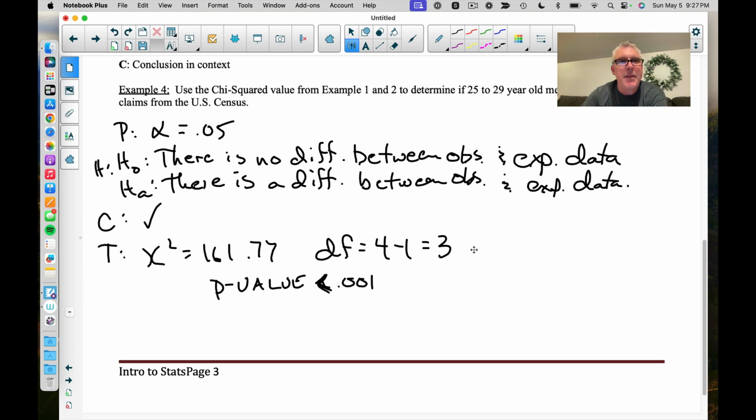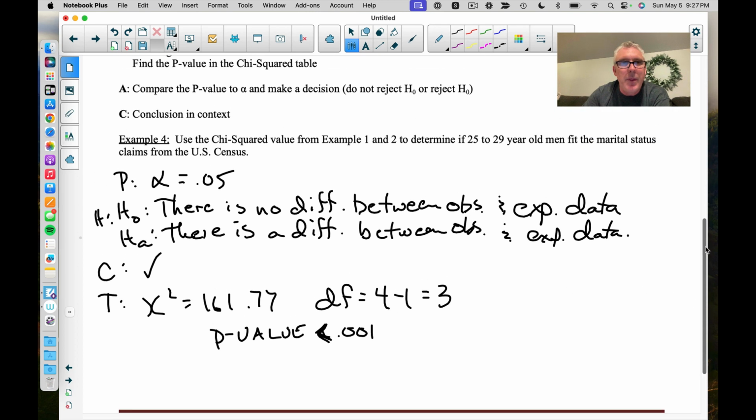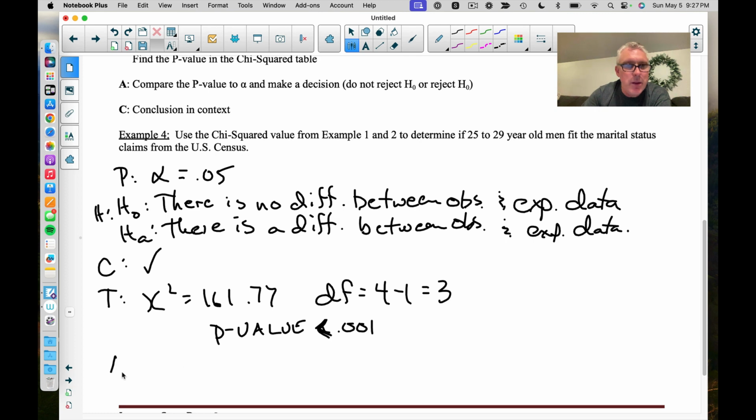There we go. Okay. So now A, we compare to alpha. If it's less than 0.001, let's just say it is 0.001. It's even smaller than that. If I compare it to the alpha, it's way less, which means we reject the null hypothesis.